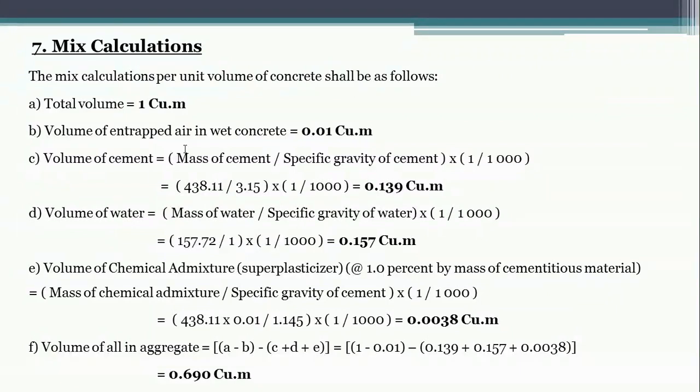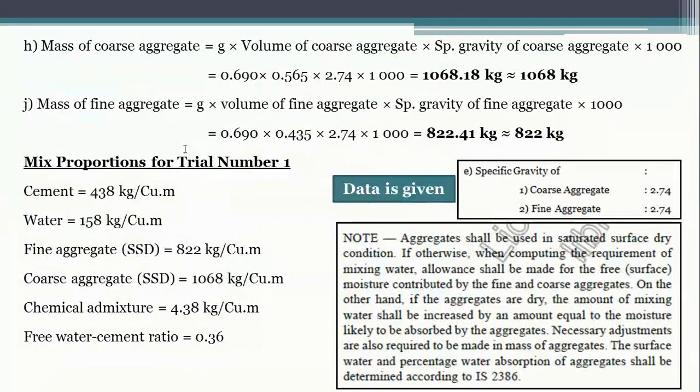The remaining volume will be that of the aggregates, so we get 0.690 cubic meter. You can check this calculation once again.